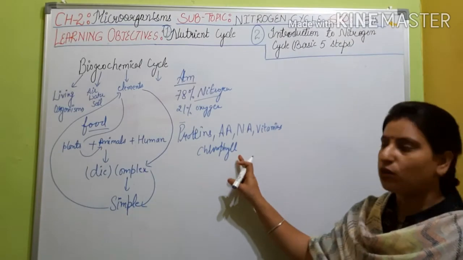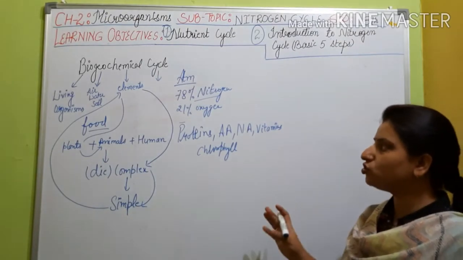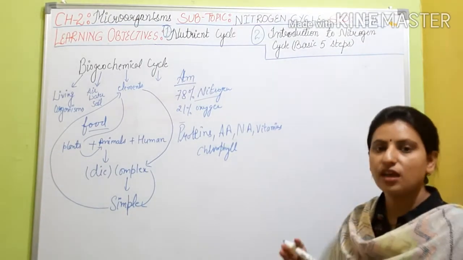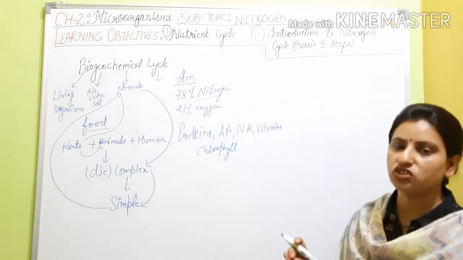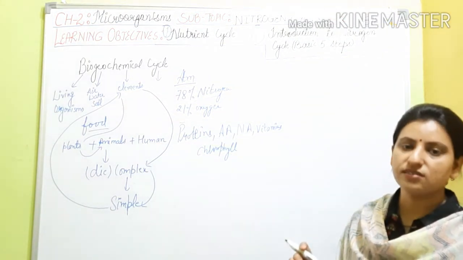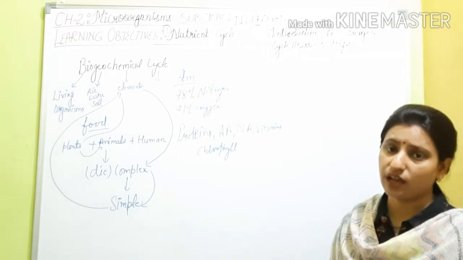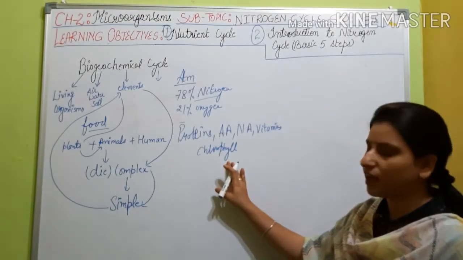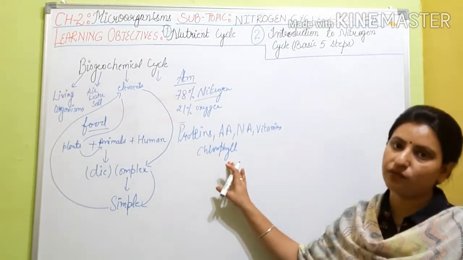So now you see how important nitrogen is for our body, because nitrogen is not just an element, it is the building block of our body. How? Because a number of things are formed with the help of nitrogen.